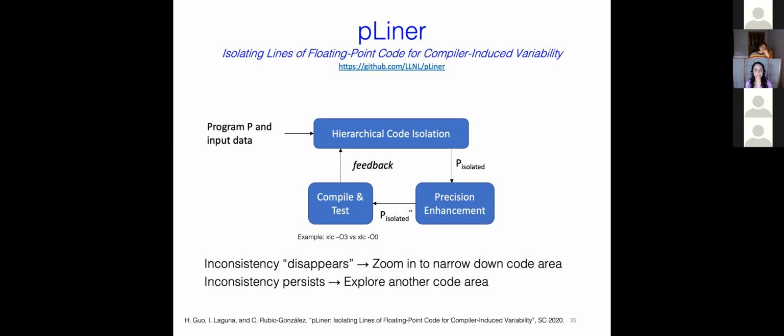If the inconsistency persists, the algorithm will try to explore other code areas. As the final result, pLiner reports the minimal code area so that when transformed to higher precision, the inconsistency disappears.